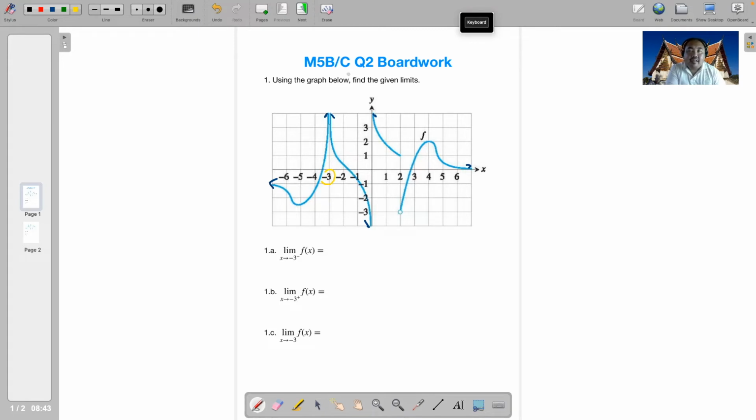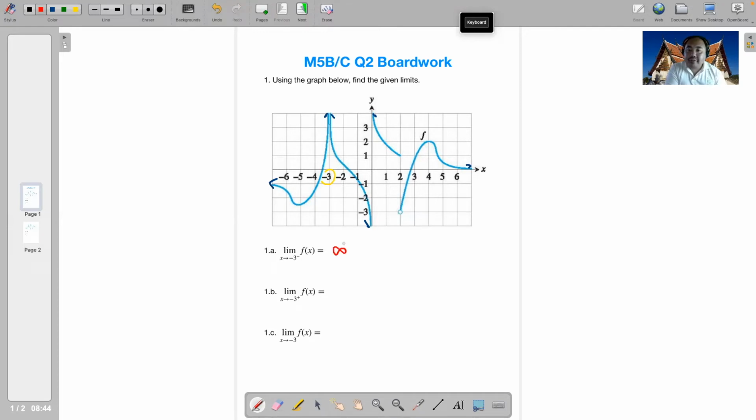You can think of like 1 billion, that large. But again, how does this function behave when x approaches -3 from the left? Here we can say positive infinity.